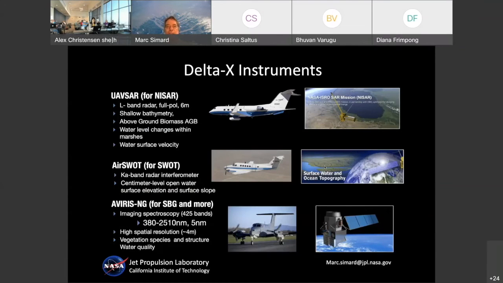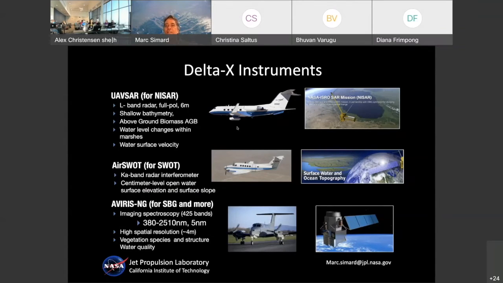So here are the three instruments. First we have the UAVSAR, which is an L-band radar installed on a Gulfstream 3 aircraft. It has about 6-meter spatial resolution. And we're using this one to make measurements of water surface elevation in marshes as the tide comes in and out of the system.